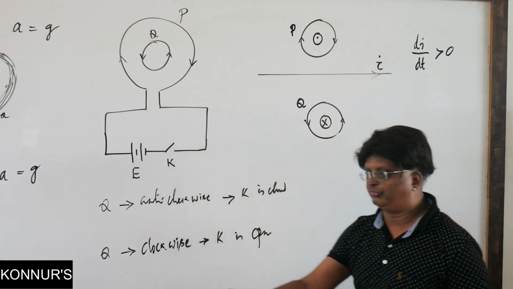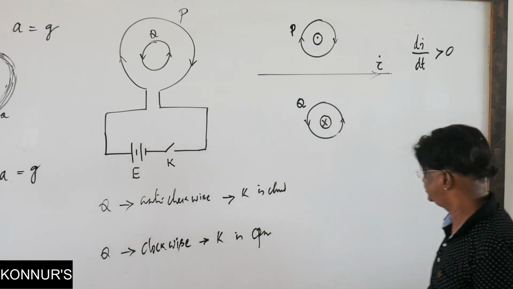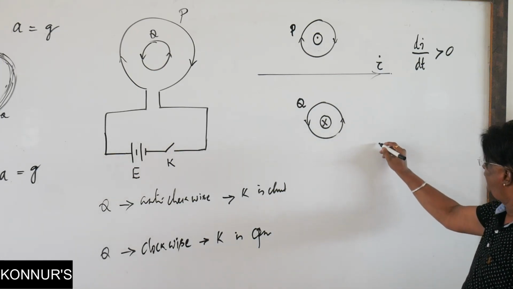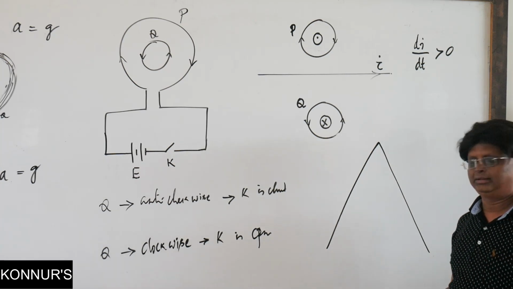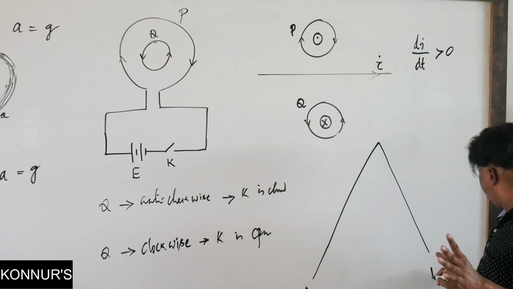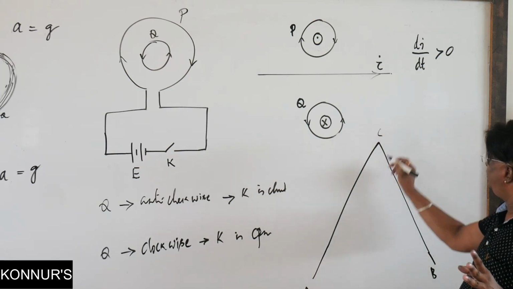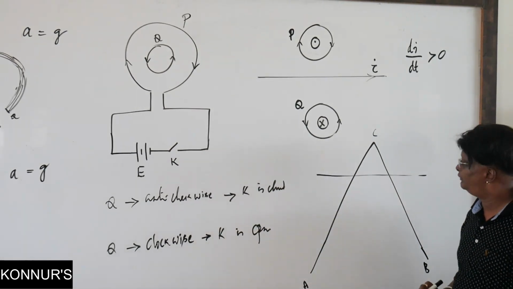Now let me show one more conceptual but a very intelligent conceptual question. Supposing I have a wire bent in this form. It's a very long wire. I call this long wire ABC, supposing, and here is another wire, a small wire.